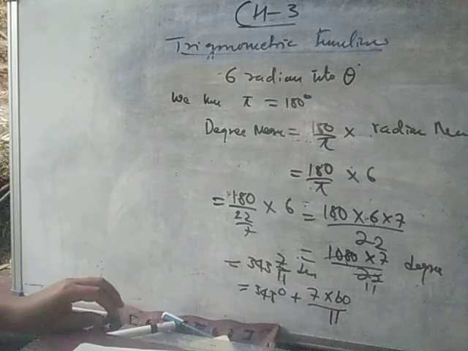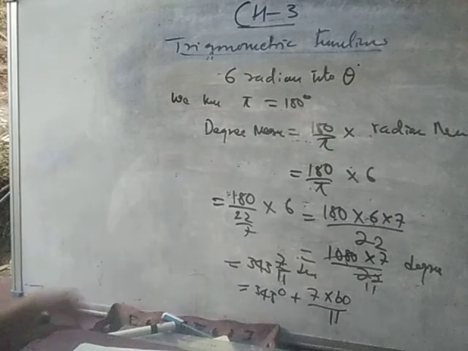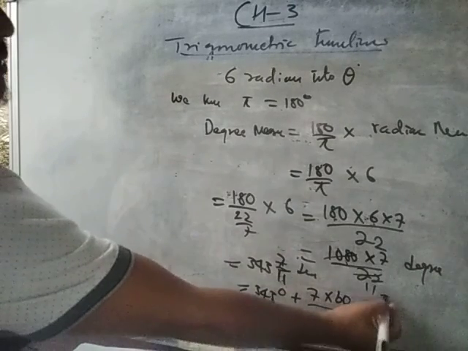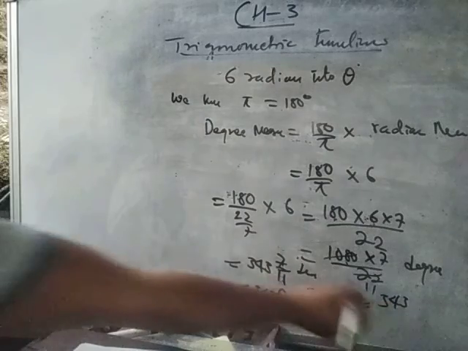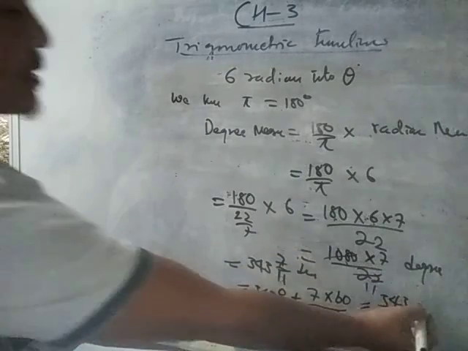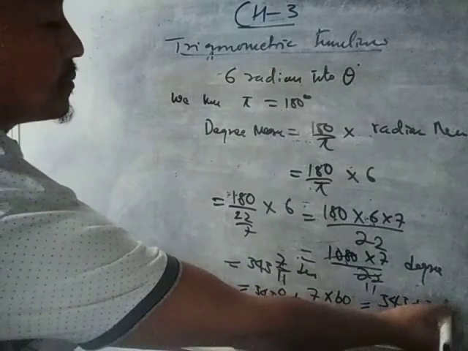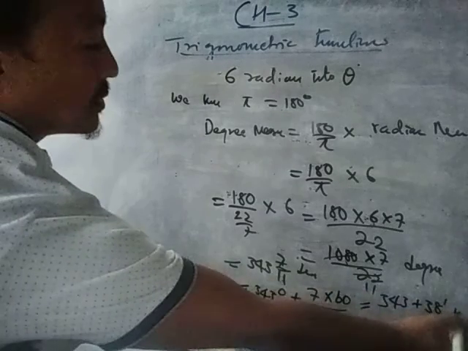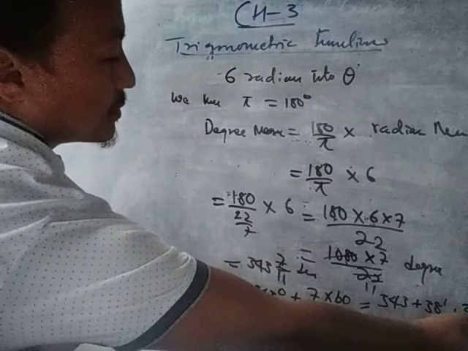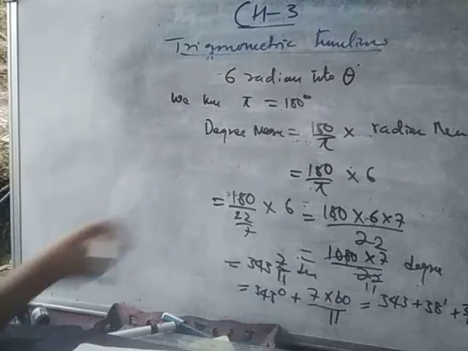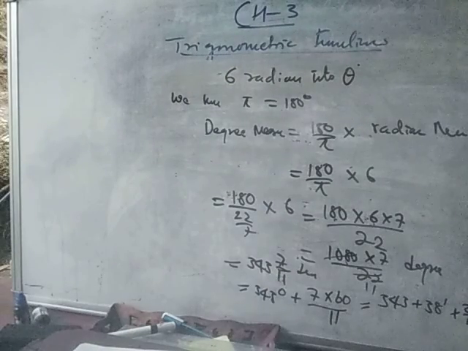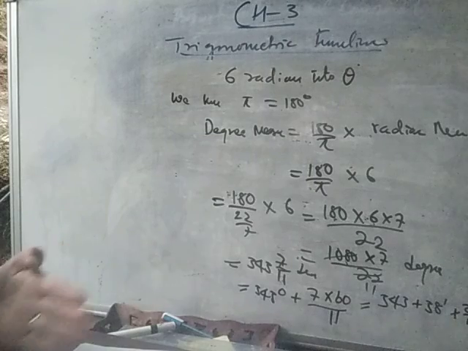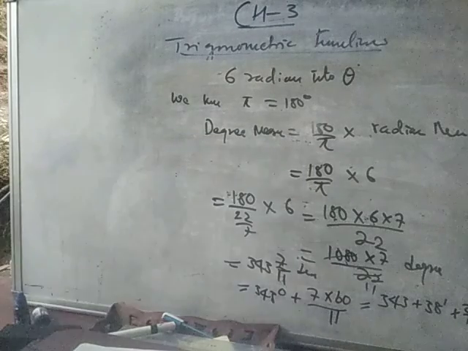If you divide, then 2 by 11 remains, so you'll get 343 degree plus 38 minute plus 2 by 11 second. Okay, so 2 by 11 second is approximately 10 point something.